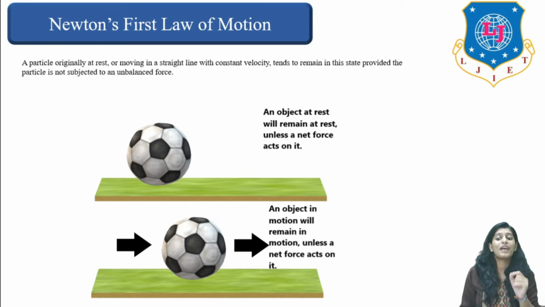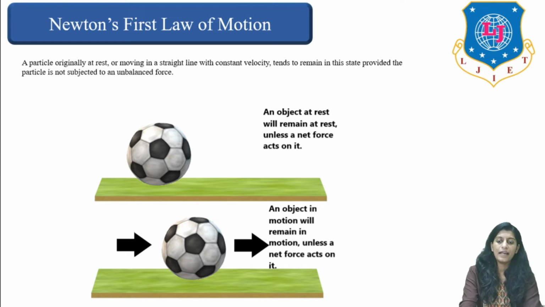So this is what we call Newton's first law of motion. Unless and until there is some external force or some unbalanced force, the object will tend to remain in its own state as it is. Clear? So this was Newton's first law of motion.